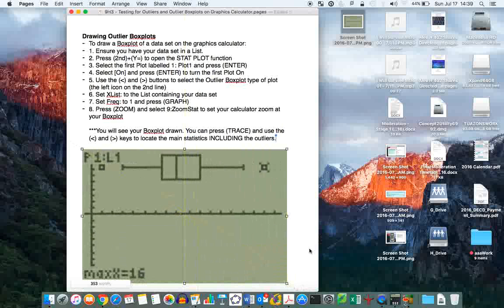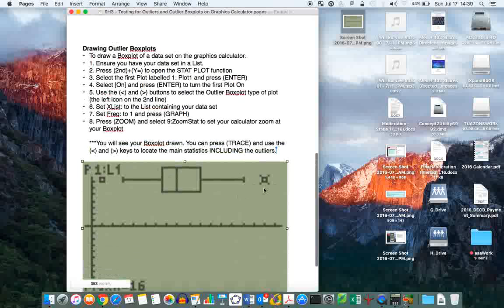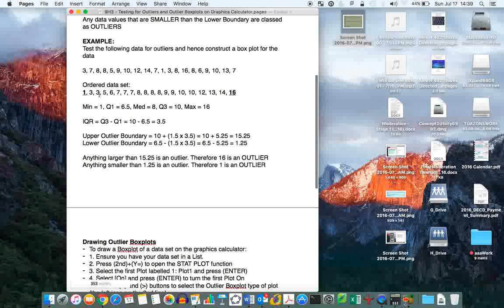I'm just putting this example in here so that you are aware, when you are drawing box plots with outliers by hand, the whiskers end at the last values that are not outliers. The outliers must be separated as dots or little stars or something. They're on the scale, but separated. The whiskers only extend to the last bit of data that was legit.